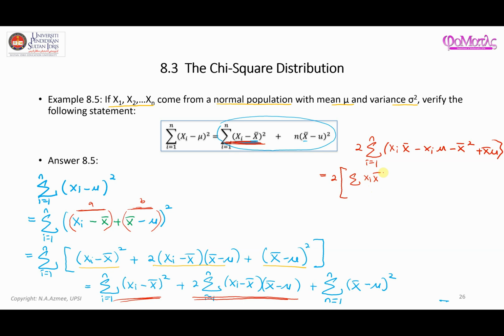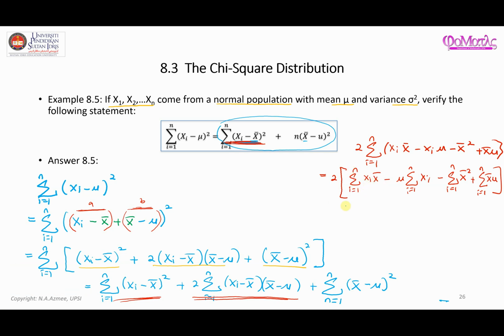Xi times x bar minus mu is a constant, actually you can take it out, xi. This one is minus x bar squared plus x bar mu. Now this one here, x bar is a constant, you can take it out.